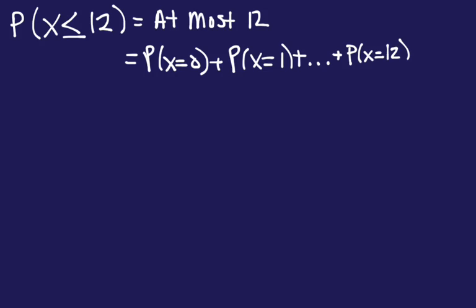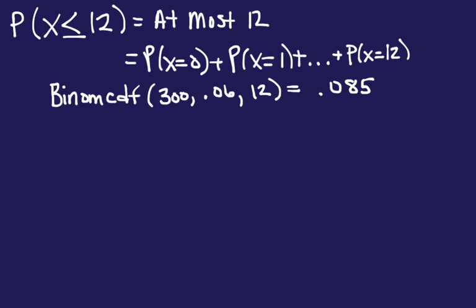Binomial PDF would be like doing P of 0 plus P of 1 plus P of 2 plus all the way up to 12, and then adding them all up. Because we're going over more than one value, we have to use a CDF. So binomial CDF of 300, 0.06, and 12. If we add all that together, it gives us 0.085, or about 8.5%.